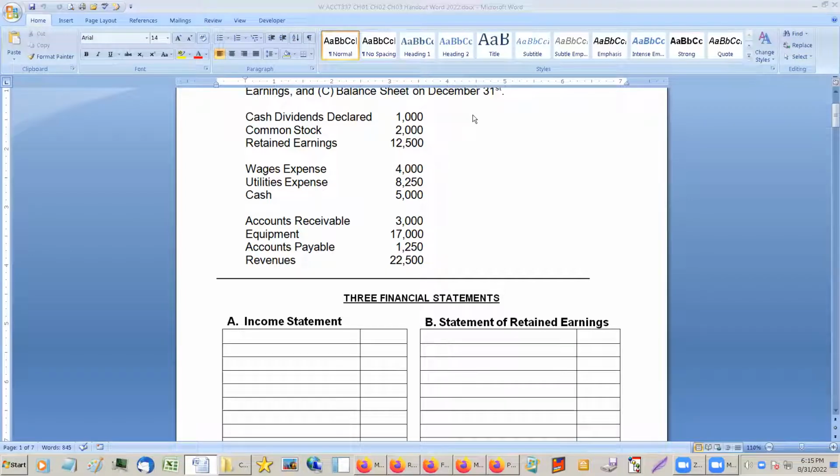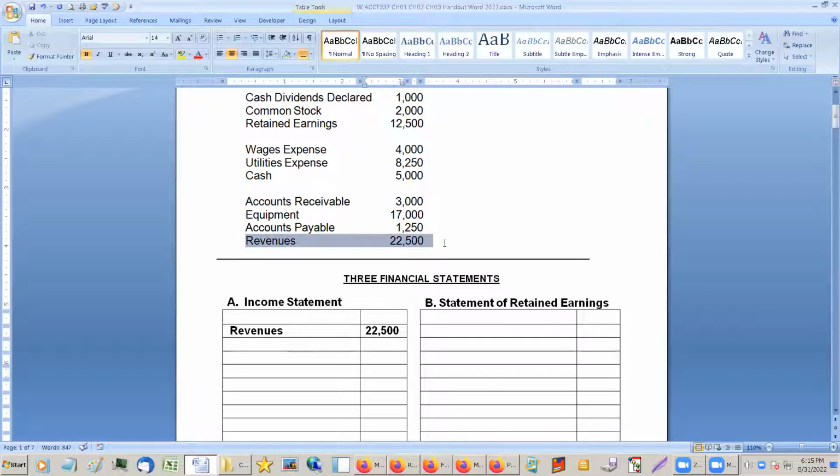Okay. Close. They'll end up in retained earnings, but we're going to start out with revenues. So here we have revenues, 22,500. So this is all the money that came in.